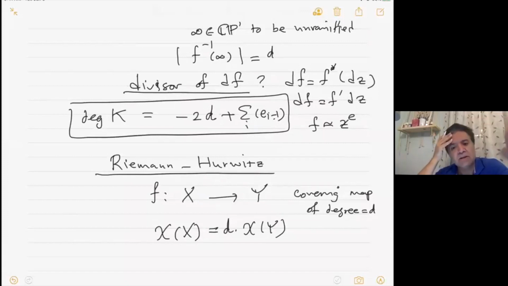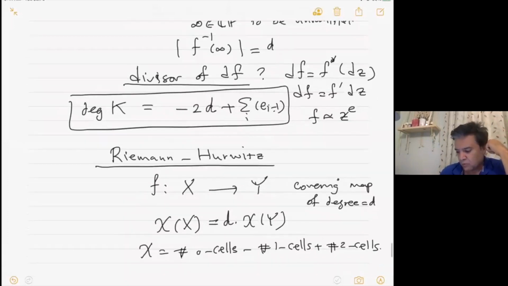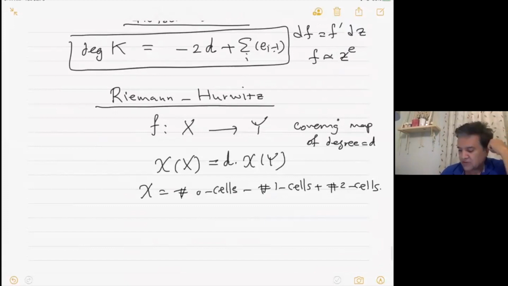And since the Euler characteristic is the number of 0 cells minus the number of 1 cells plus the number of 2 cells, everything will be multiplied by d. Okay. Now, what if the covering map is branched?